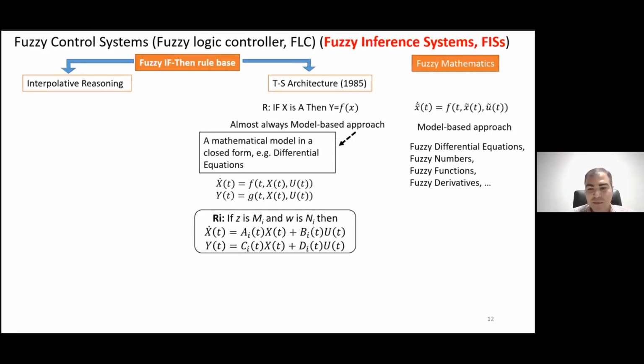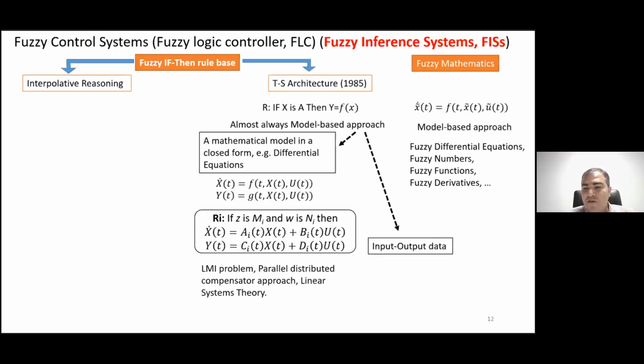Thus, analyzing the system and designing a controller for a nonlinear system may be done by the use of linear control theory. And in this way, we deal with linear matrix inequality problems, the parallel distributed compensator approach, and so forth.